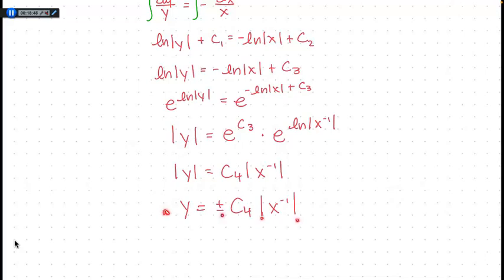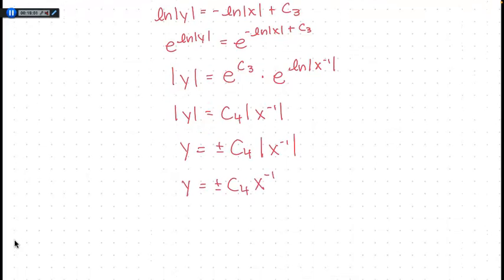But then I might as well just combine it with a plus or minus on this side. So I don't need the absolute values anymore. And then for the grand finale, plus or minus an arbitrary constant is an arbitrary constant. So now I'll drop off the subscript, because we have our final answer, and it is that.